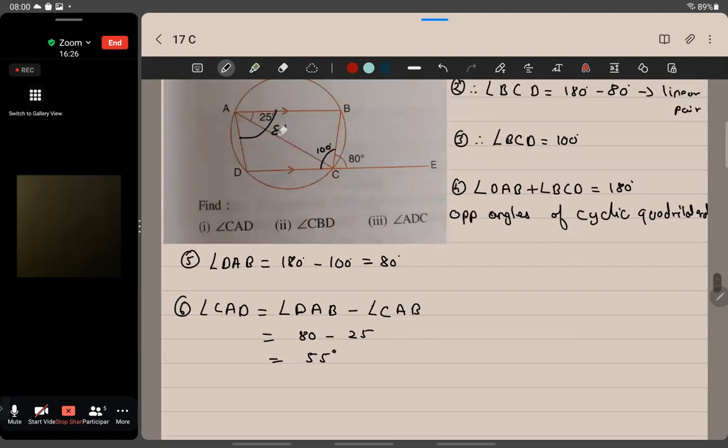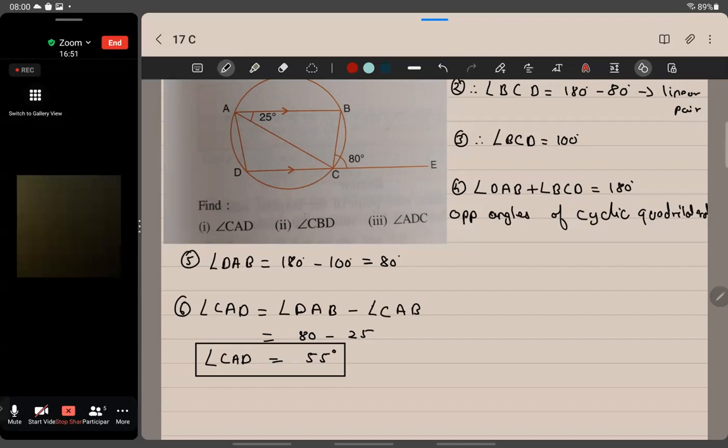Okay. So this is 55 degrees here. So angle CAD is 55 degrees. Clear?